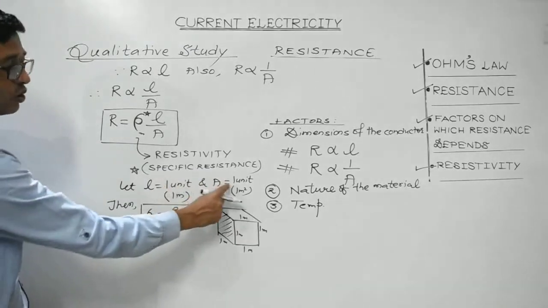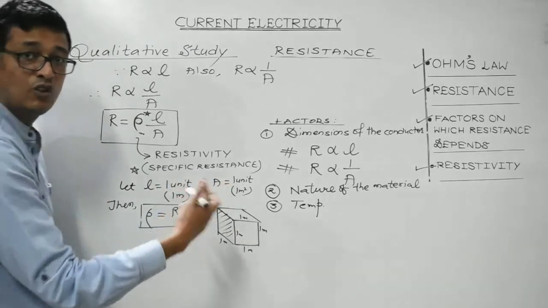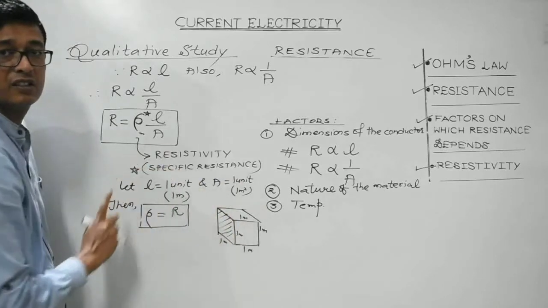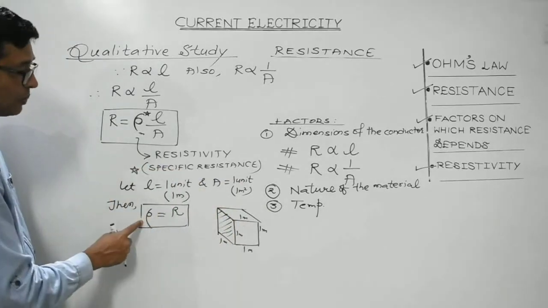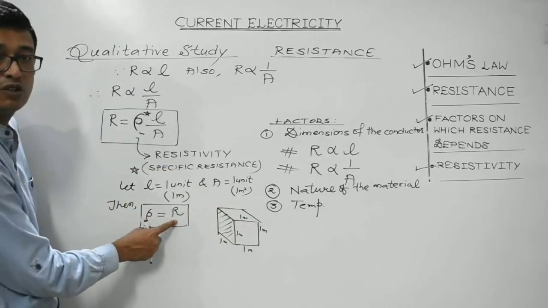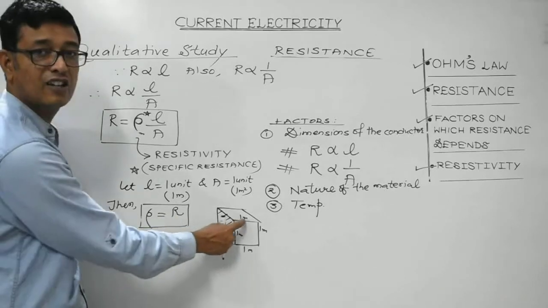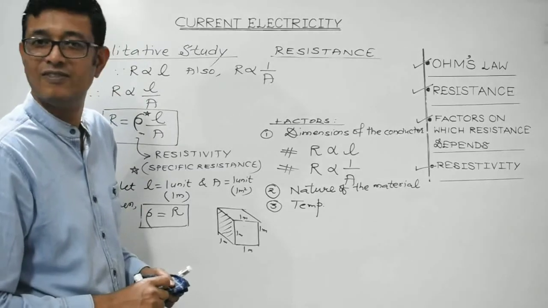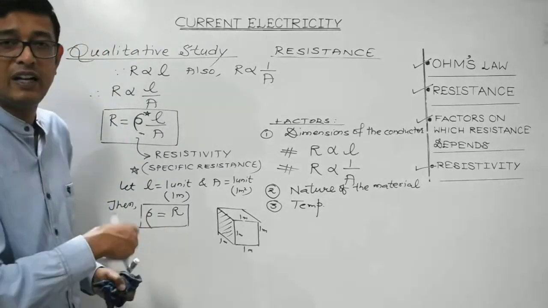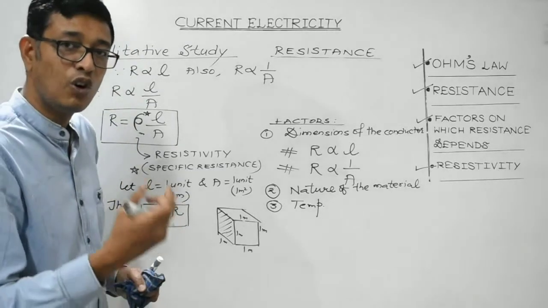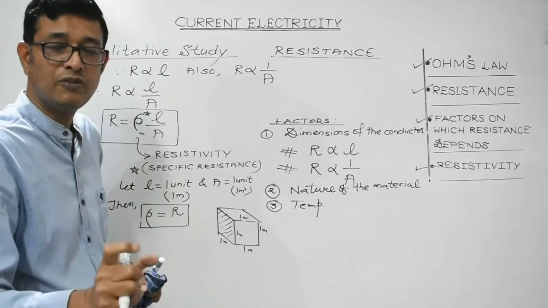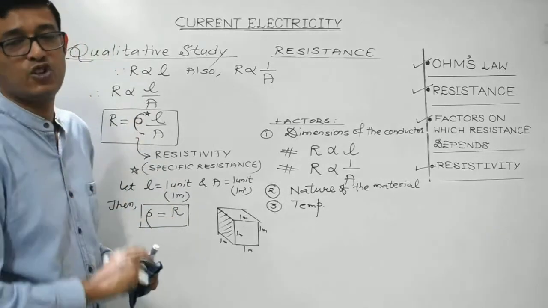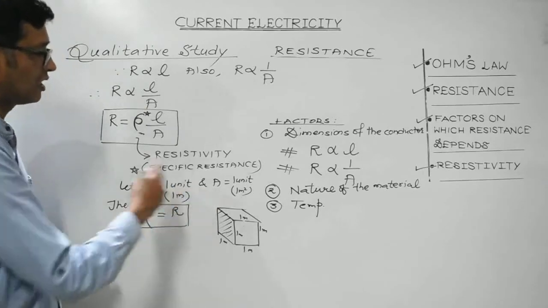So it is satisfying these two conditions. So now you can define resistivity in terms of this cube as well. So resistivity or specific resistance is numerically equal to the resistance offered by a cube of unit dimension. Right? Resistivity may be defined as the resistance offered by a cube of unit dimension. So this is another alternative method.